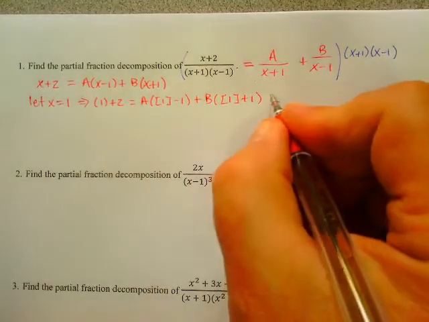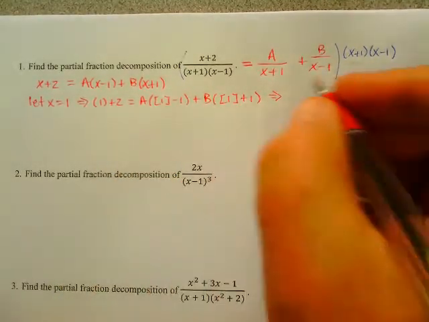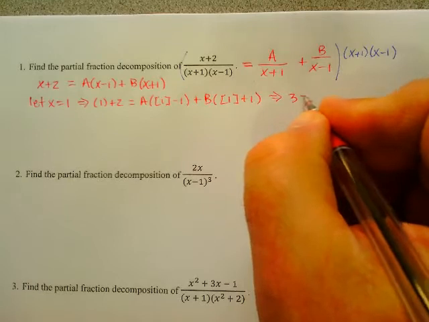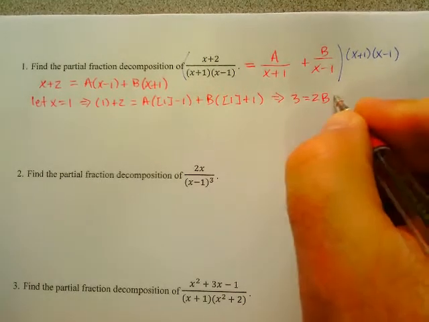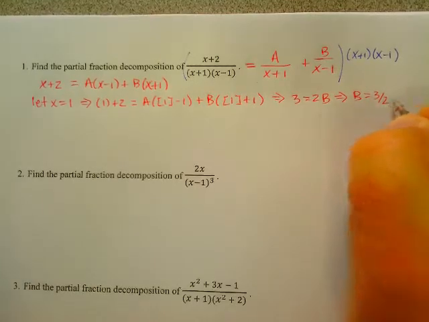And so this part will be 0, this part will be 2b, we're going to have 3 equals 2b, which then means that b equals 3 over 2.